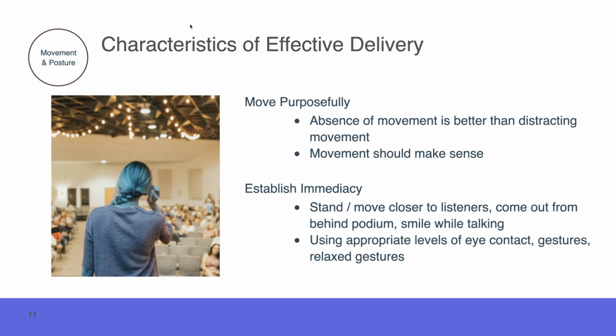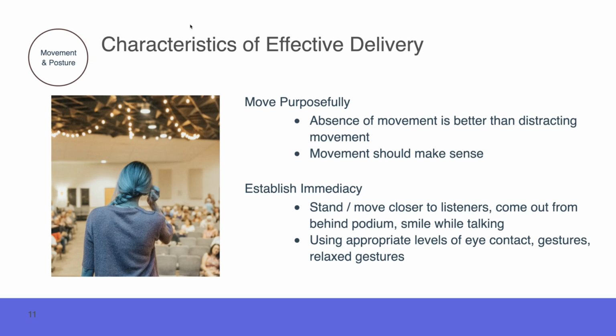But I would rather you not move than do movement that's distracting, right? So whatever movement you do should make sense. And in a real life situation, of course, if it's an online setup and you're doing an online recording like speech for me, that's different. But if you are in a larger setup, and let's say in a post-COVID world a lot of this is possible, if you are in an environment where you're talking to an audience, try to get a little bit closer to the audience.